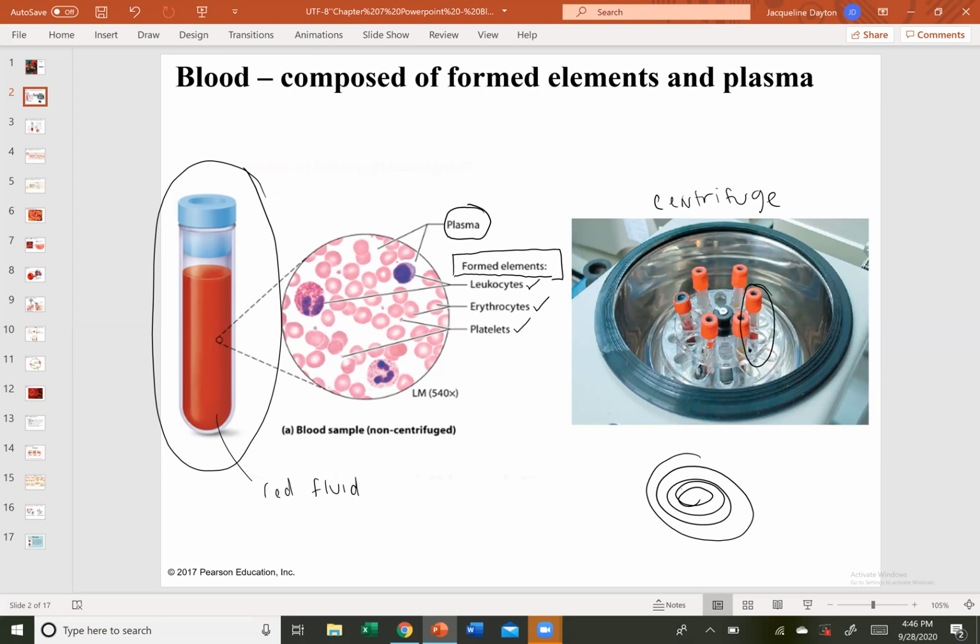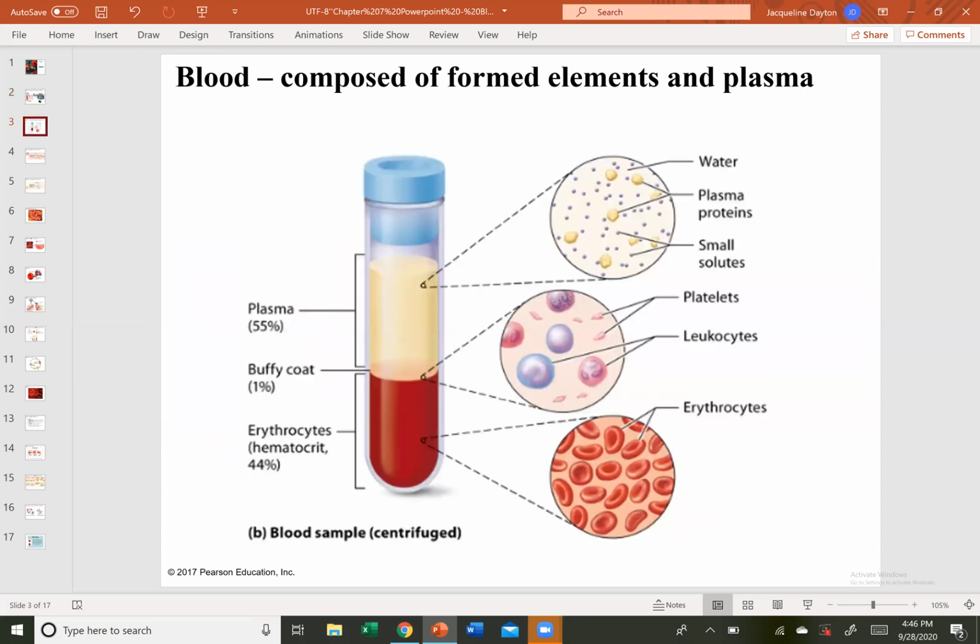And it's going to continue to spin for about, I don't know, 5 minutes. After 5 minutes, you're going to find that the various components of whole blood have begun to separate. Okay, and it's going to look something like this. Okay, you're going to see 1, 2, 3 different layers of the whole blood.